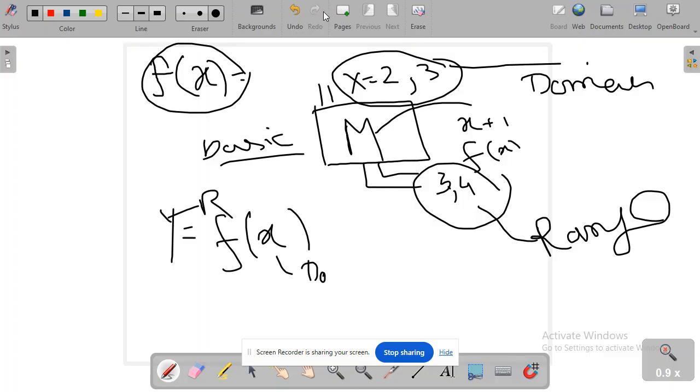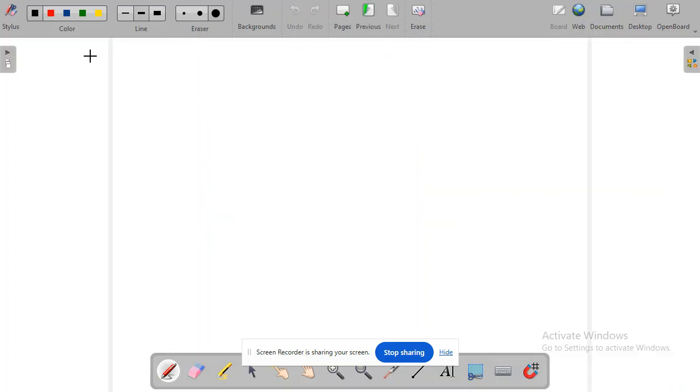So now let us practice some more questions. Okay, I think I can add a new page here. So what if I put y = x + 1? What will be its domain and what will be its range?